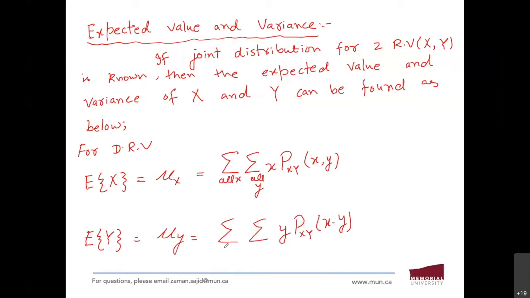This is over all x and this is over all y. So just to repeat, we have the joint probability distribution and we multiply it with x if we are interested to find the expected value of x. In case of y, we take the joint probability of p of x of y and then multiply it with the y variable, and then we take the sum over all x and all y.